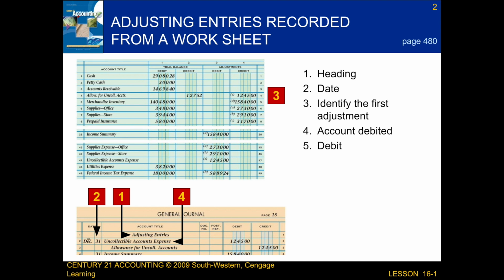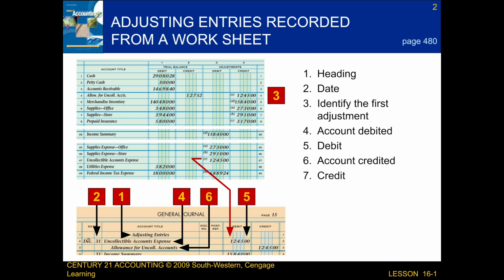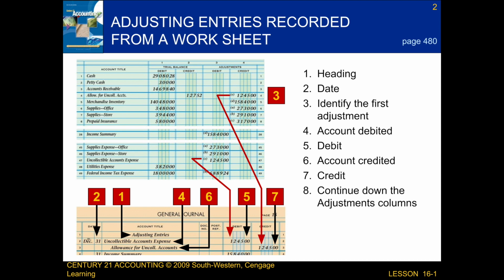Then, we record the debit amount. Next, we write the account credited. Following that, we record the credit amount. And finally, we continue down the adjustments columns.